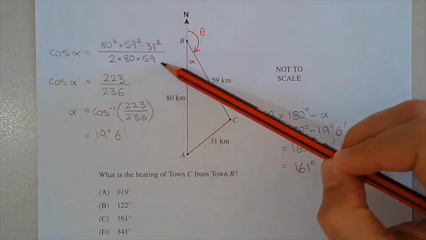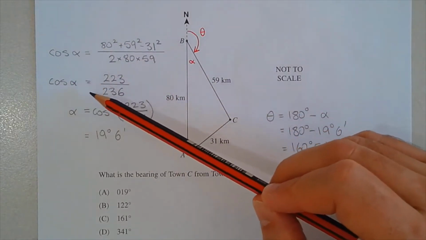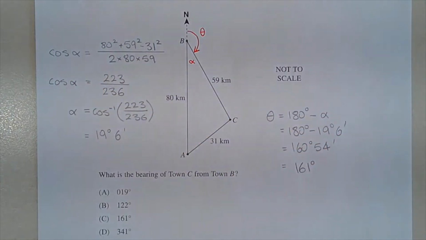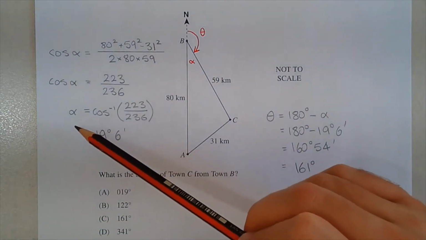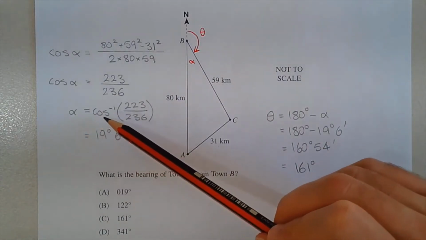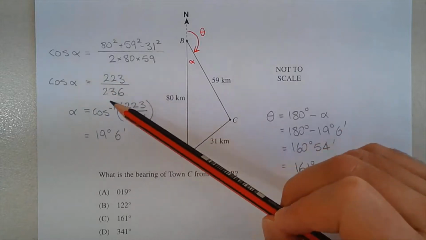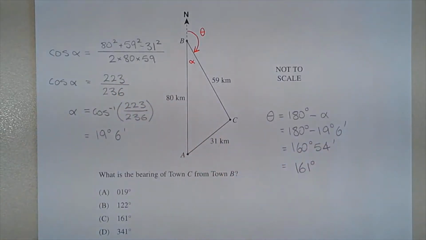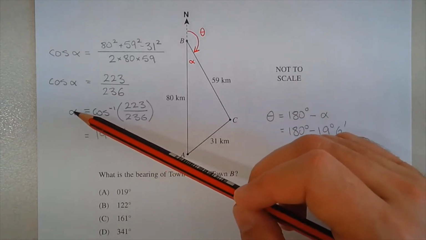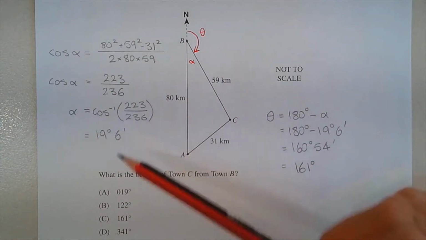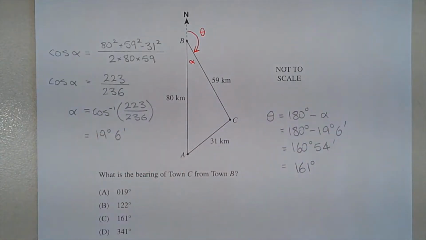Simplifying this fraction here, cos alpha equals 223 over 236. To make alpha the subject of the formula, we take the inverse cos of this fraction, 223 over 236, or shift cos on your calculator, and we get alpha equals 19 degrees and 6 minutes, correct to the nearest minute.